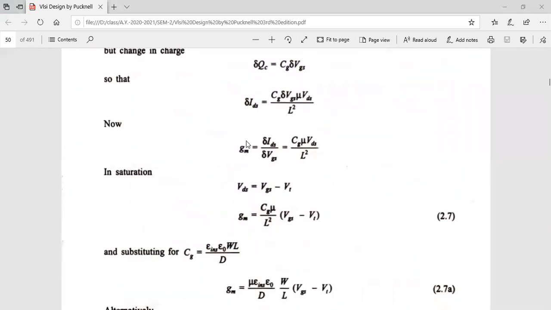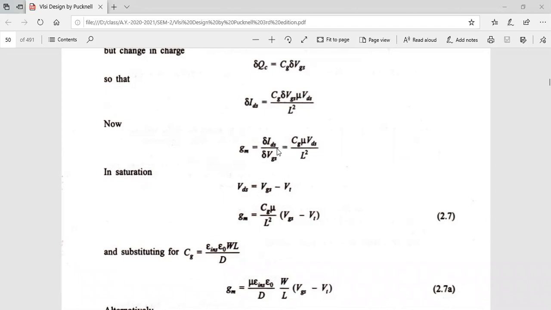So we can further expand the value of GM. We got GM like this. A change in IDS, that means dou IDS by dou VGS, is equal to CG into mu into VDS by L square. Okay, VDS is equal to VGS minus VT.